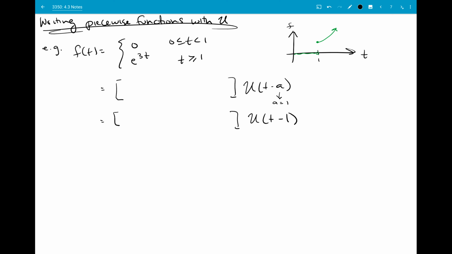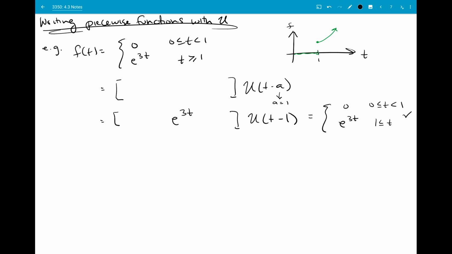And then I could say, okay, maybe that's supposed to look like e to the 3t. Then what that would look like is before 1, it would be 0 because u of t minus 1 is 0. And then after 1, it would look like e to the 3t because u of t minus 1 is 1 after that point.